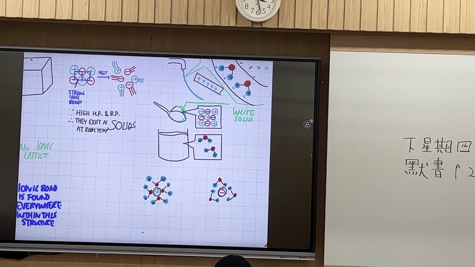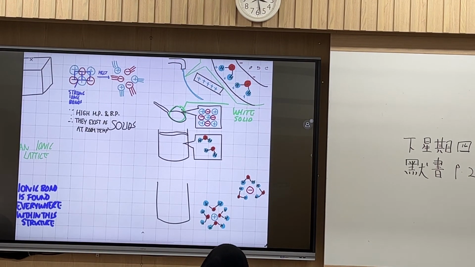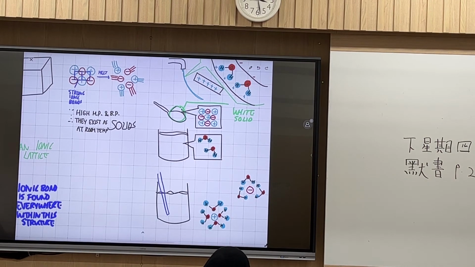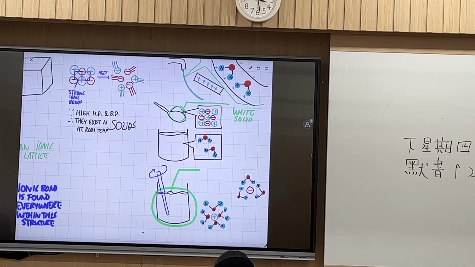Now, you have a colorless solution. So this is why we say when you add salt into water and you stir with a glass rod, so let me add a glass rod here, you will get a colorless solution. That's because the ions become far enough now.